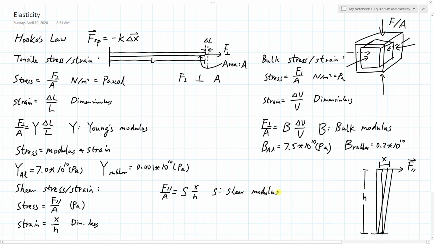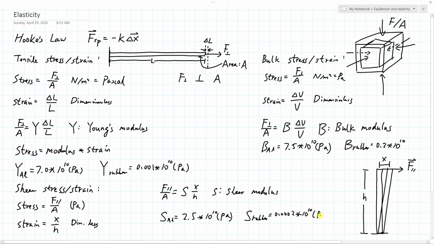And as you may imagine, the shear modulus is very similar to the Young's modulus for tensile, and also the bulk modulus. So let's use the same exact material. The shear modulus of aluminum is equal to 2.5 times 10 to the 10th power pascals, and the shear modulus for rubber is 0.0002 times 10 to the 10th power pascals.